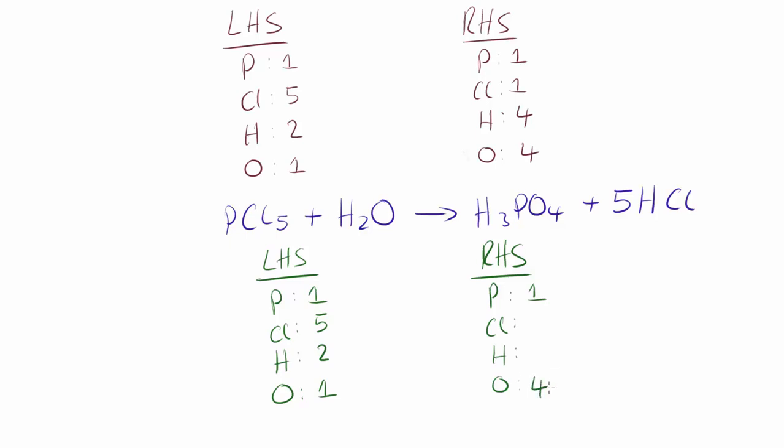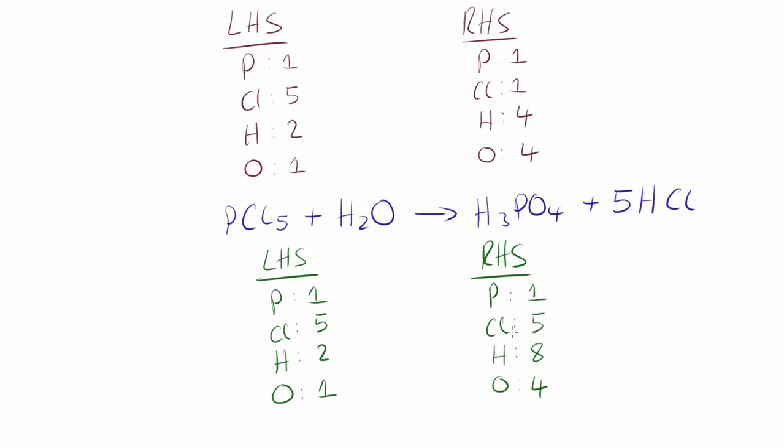We're just going to have 4, right? But the HCl is going to be different, and hydrogen occurs in both species on the product side. So we've got 3 plus 5, so that's going to be 8, right? So for hydrogen, then for Cl, that's going to be 5, right?